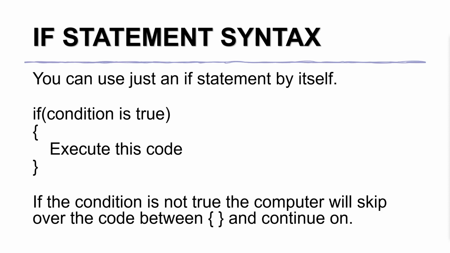For instance, if you were talking to someone and you tell them, hey, if it's raining, I'm going to bring my umbrella. If it's not raining, you're not going to bring your umbrella because there's no reason to. Same thing with if statements.